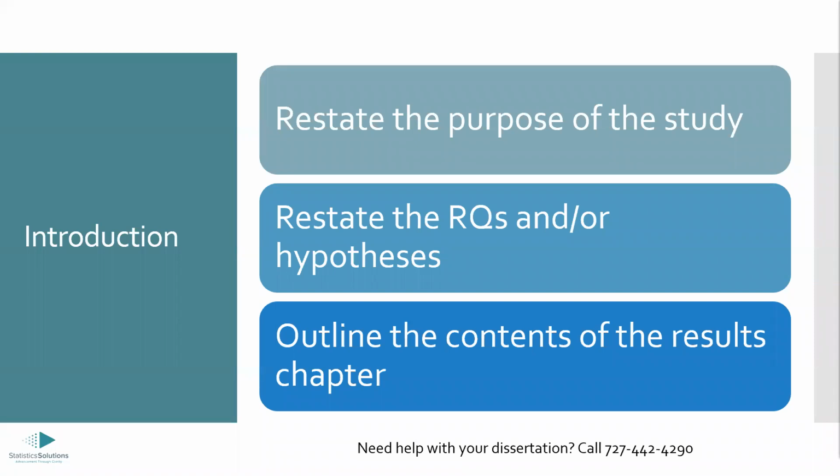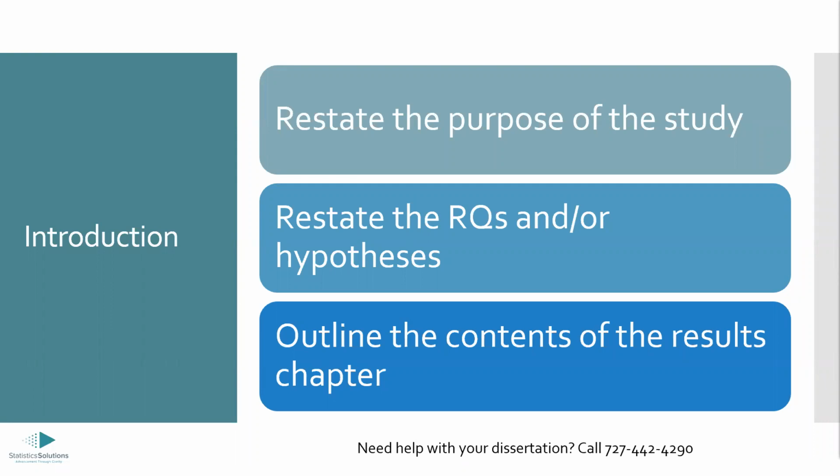So when you restate the purpose of your study, this can either be a verbatim restatement of your purpose statement or your problem statement, or it can be an abridged version of your purpose statement. However, when you restate your research questions and hypotheses, those should be stated exactly the same way as they're presented every time they appear throughout your dissertation document. So the wording of your research questions and hypotheses should be the same whenever they appear and should never change.